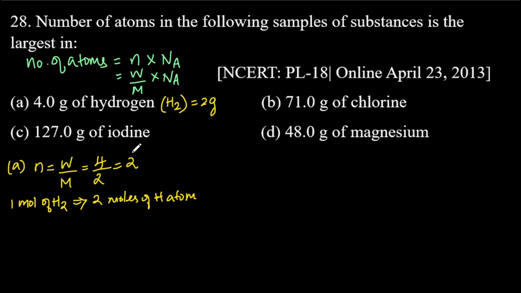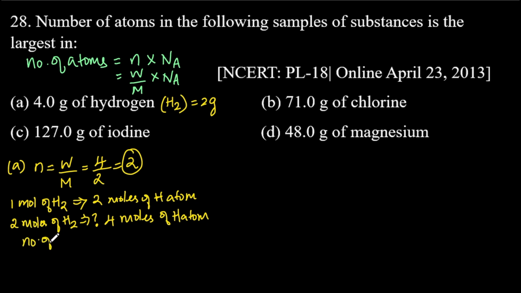So here we have got the number of moles as 2 mole. Therefore, 2 moles of H2 contains how many moles of hydrogen atom? 2 into 2, 4 moles of hydrogen atom. So if we find the number of atoms, it is equal to 4 into Avogadro number.